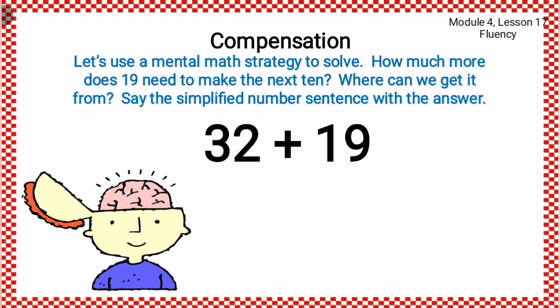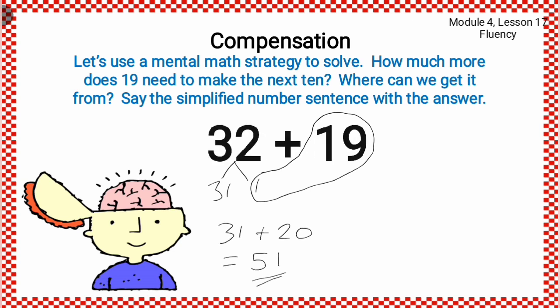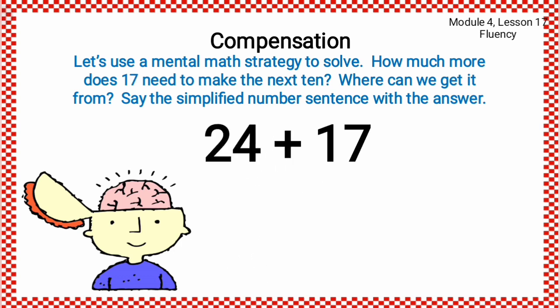So my 32 becomes 31, and 1 plus 19 gives me 20. So instead of thinking of 32 plus 19, I'm actually working on 31 plus 20, which is easier, and that's 51. See? The compensation strategy helps our mental maths to work very fast.